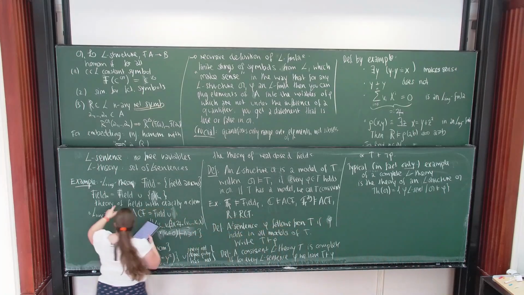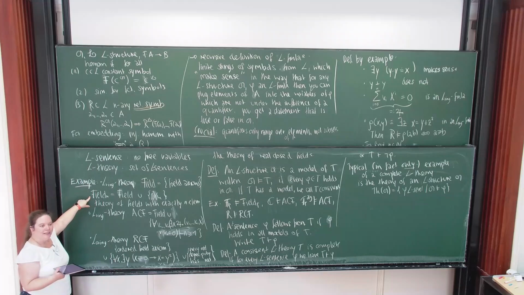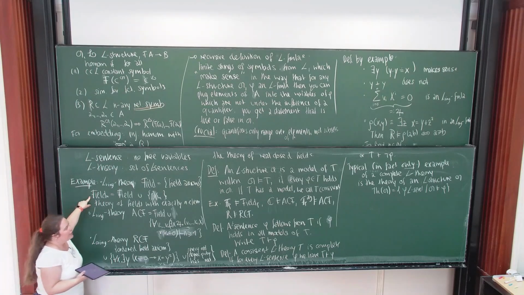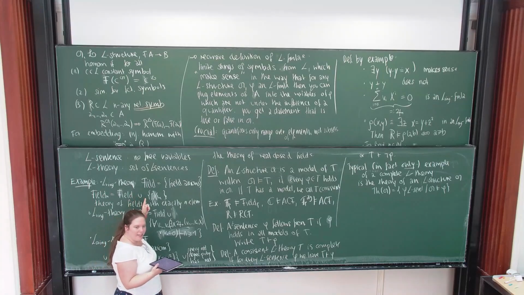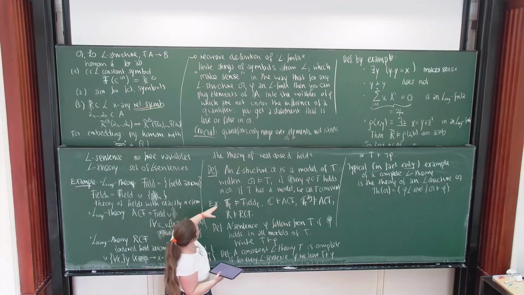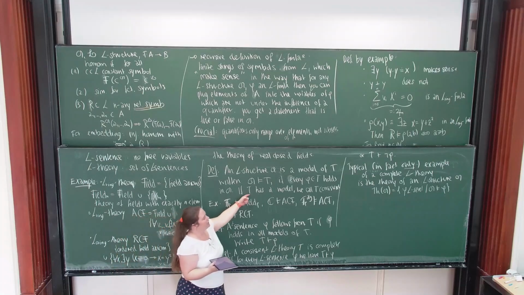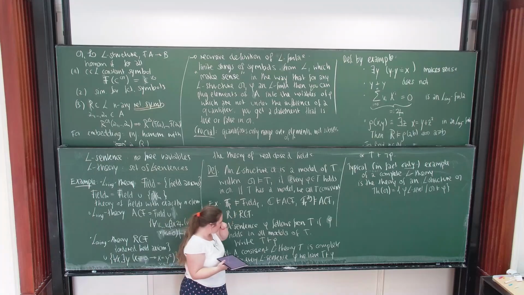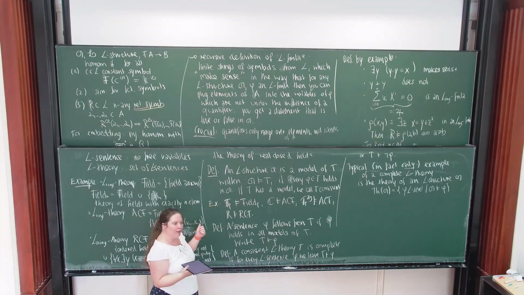Namely, let's look at Field_n. Obviously we know Field_n only has a model if n is a prime power. So it's consistent if and only if n is a prime power, because consistent meant has a model. But we also know there's a unique field with p to the n many elements for a prime power p to the n.